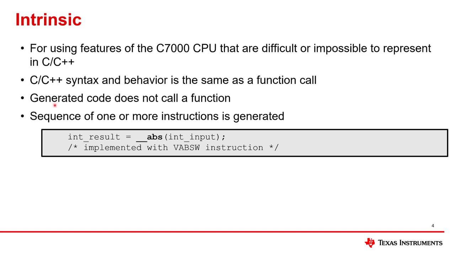But the code generated for an intrinsic does not call a function. Instead, a sequence of one or more instructions is generated. Here's an example. The intrinsic is in bold. It's called __abs. Takes an input, returns a result, just like a function call. But this particular one is implemented with an instruction called VABSW.